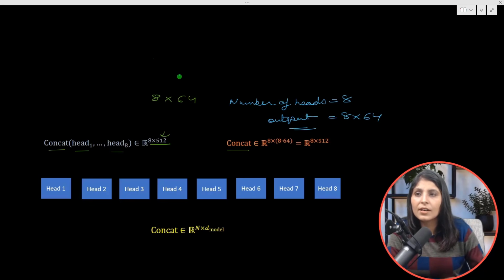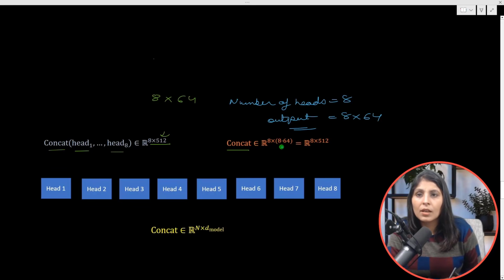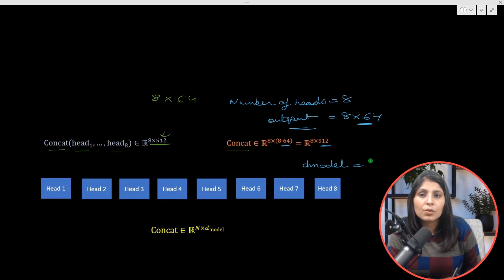So 8 into 64 will give you 512. And the D model is also 512. Remember this, we will use it in some time. So D model is also 512, and we are using 8 heads, and the output of each head is an 8 into 64 attention matrix.